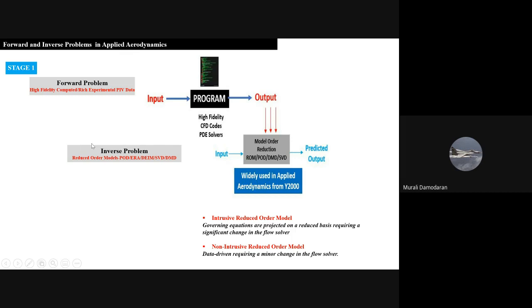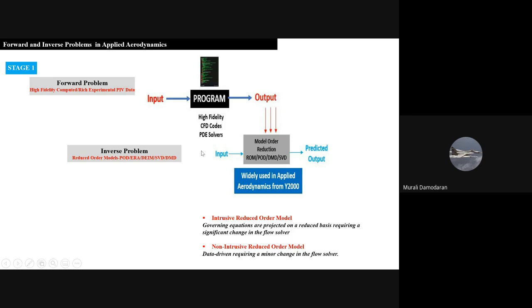Now you can actually do an inverse problem. That is what is widely applied in applied aerodynamics from year 2000 onwards. You take these high fidelity results and do a model order reduction like ROM, POD, DMD, SVD, and so on. So if you construct a low order prediction model, you can put in the input and predict the output much faster.